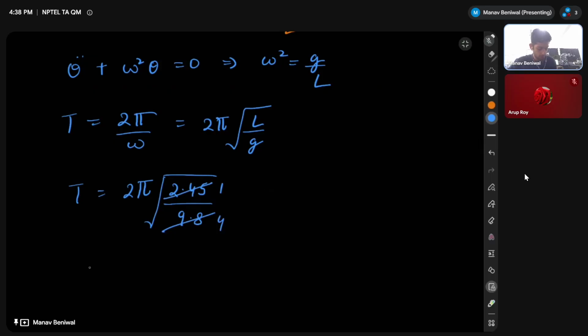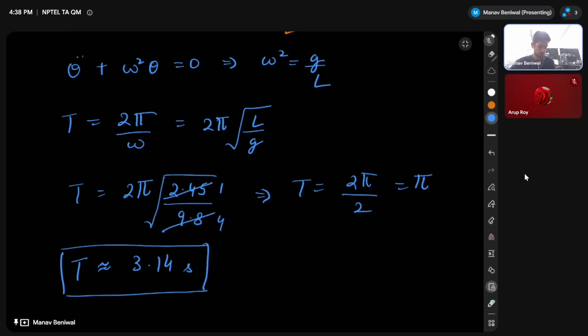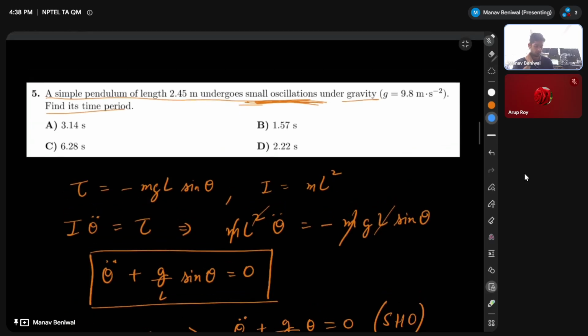So the time period T is 2 pi over 2, which is nothing but pi. So T comes out to be roughly 3.14 seconds, which matches with option A.